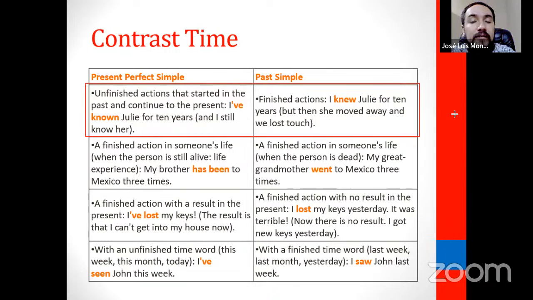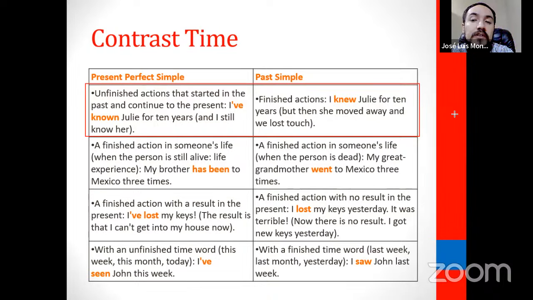So, for example, it says, I've known Julie for 10 years. I still know her. So I've known this person in the past until now. It's not finished, it is unfinished. Then you got finished actions for the simple past. We know that. So I knew, and it's just finished actions, not unfinished.